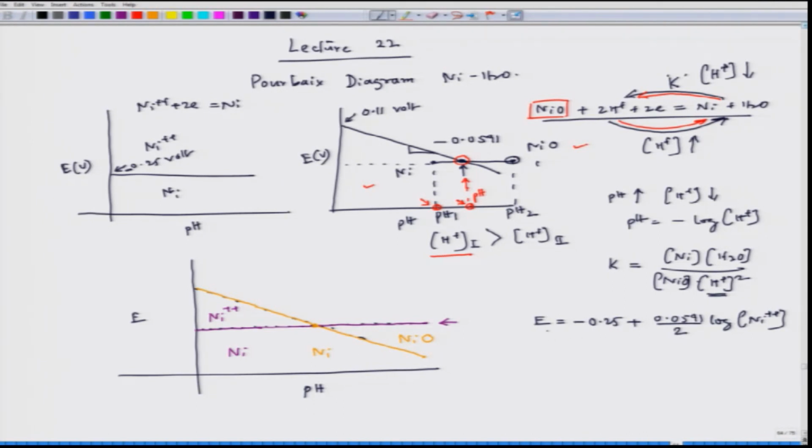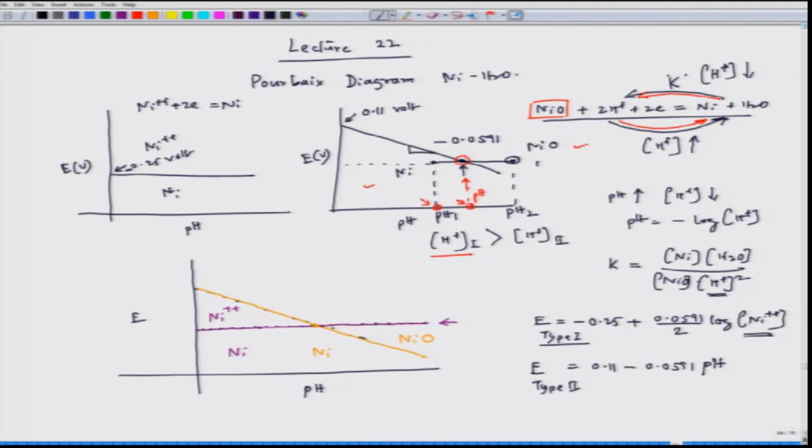And for type 2, E is equal to 0.11 minus 0.591 pH. So, these two equations if we solve for a particular nickel ion activity or concentration, we can get to know the potential as well as pH value.